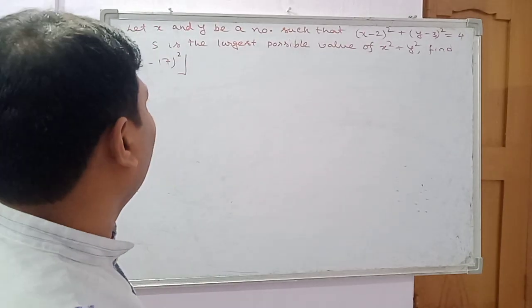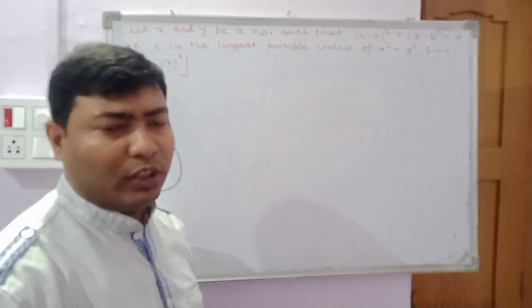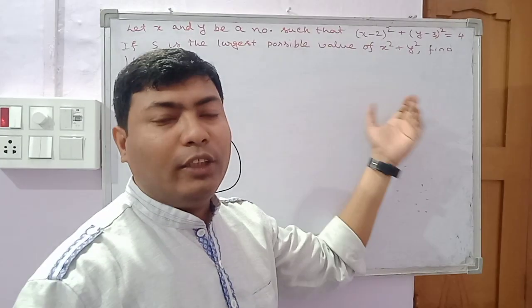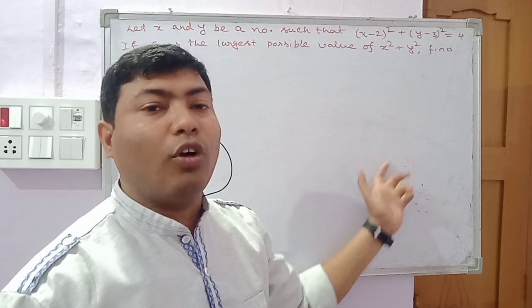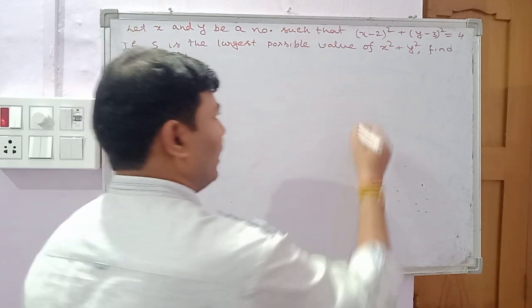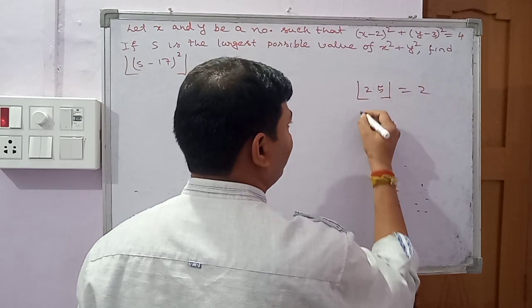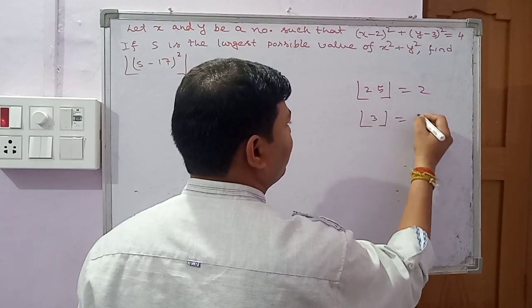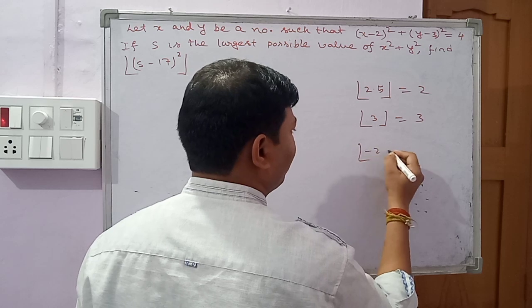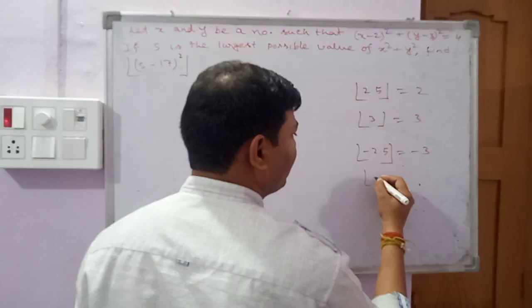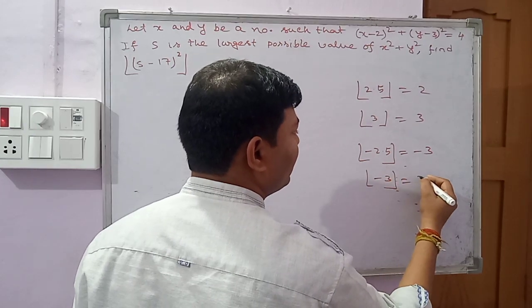Before that, we should know what the floor function is. The floor function takes the largest integer not greater than the number. I have already discussed this: floor of 2.5 equals 2, floor of 3 equals 3. For negative values, floor of minus 2.5 equals minus 3, and floor of minus 3 equals minus 3.